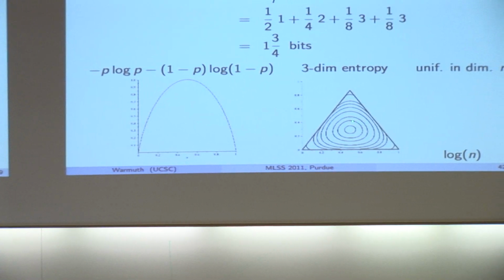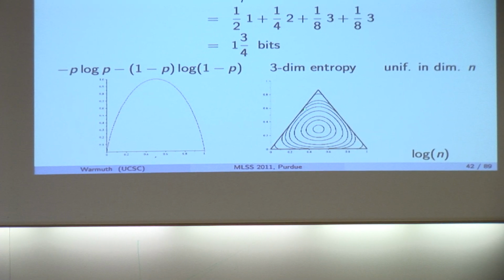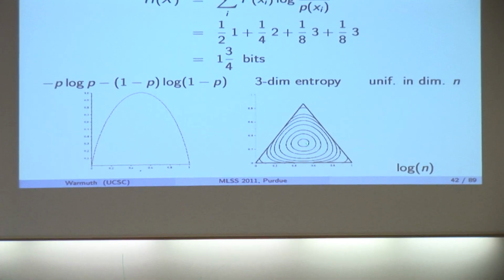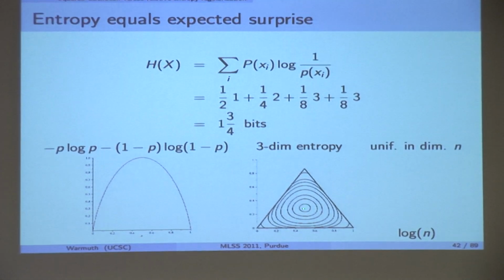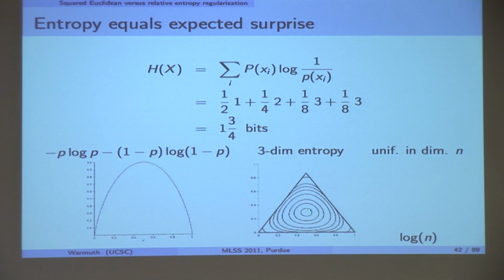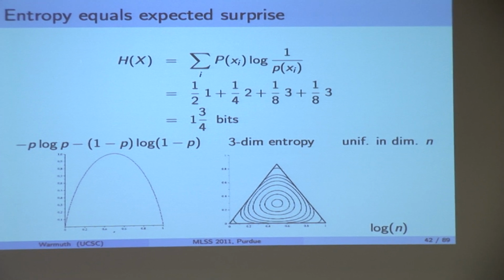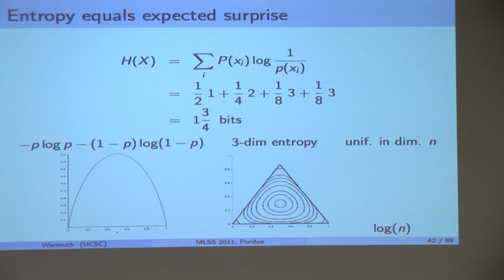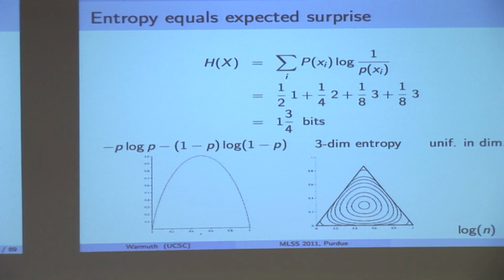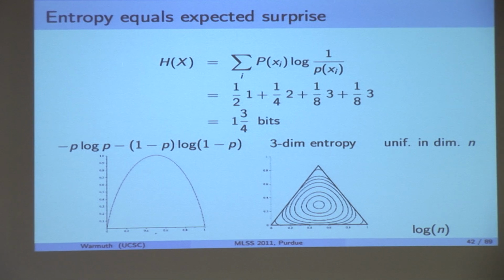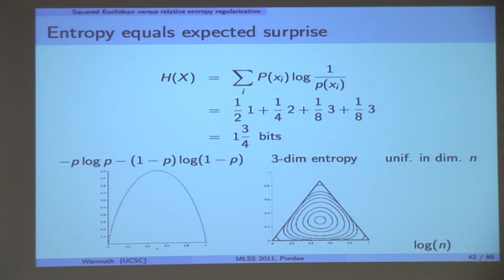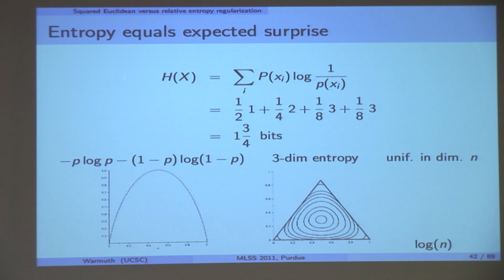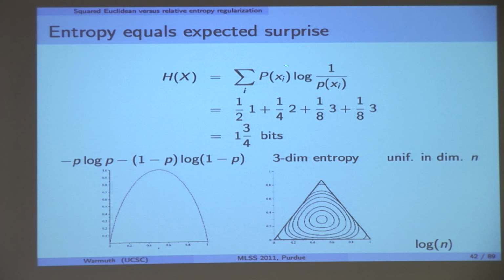So the entropy is the largest right here. That corresponds to the uniform distribution: a third, a third, a third gets you here. In general, if you have a uniform distribution, the probabilities are 1 over n, and then you sum up log of 1 over n, which is log n, and the probabilities sum to 1, so the entropy is log n.